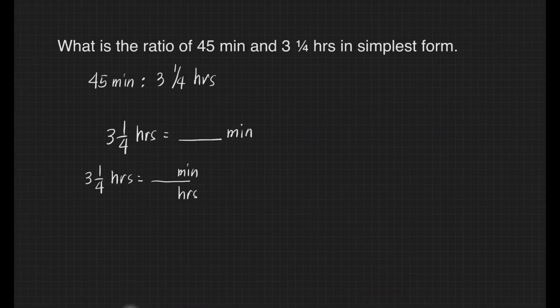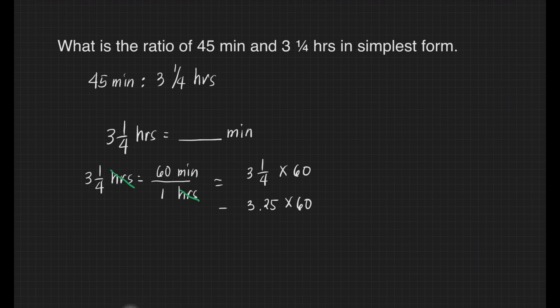How many minutes are there in hours? That's 60 minutes in 1 hour. We can write here 1 and then 60 here. Cancel hours and hours. What we have here is minutes, and we can rewrite it 3 1/4 times 60. 3 25 hundredths times 60.